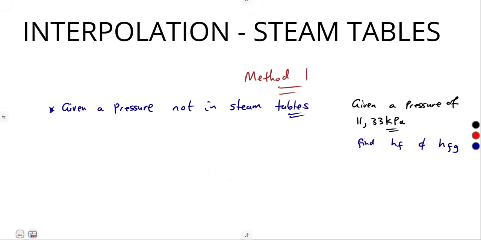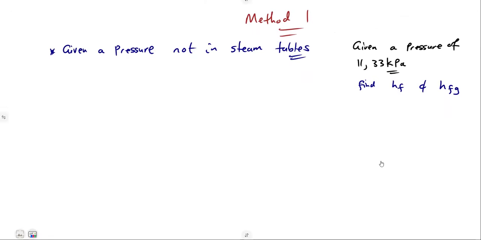So this is what you are going to do. You consider that the 11,33 is not in our steam tables. We do not have that.